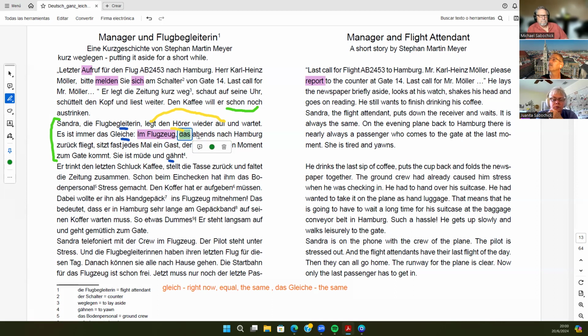So it's an airplane that flies nach Hamburg. Now when? Abends. And the verb flies back. So in the plane, which flies back in the evenings. Now we know nach means towards Hamburg. So what about what's happening inside the plane?